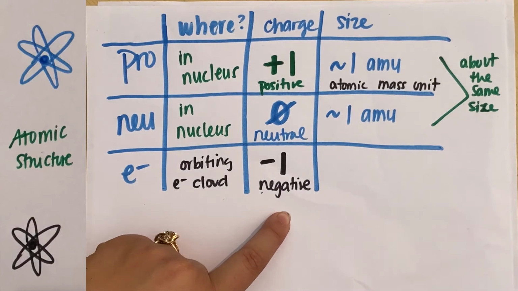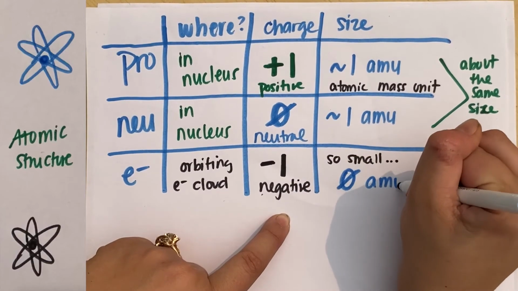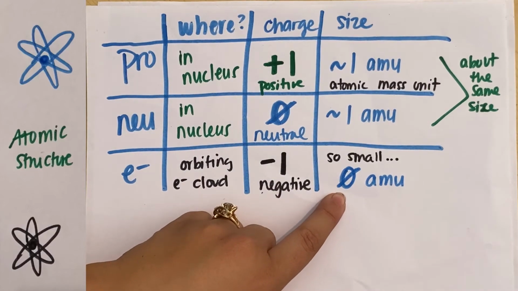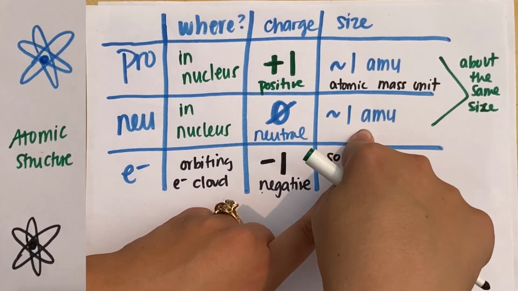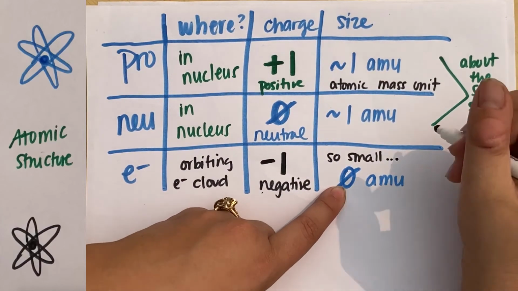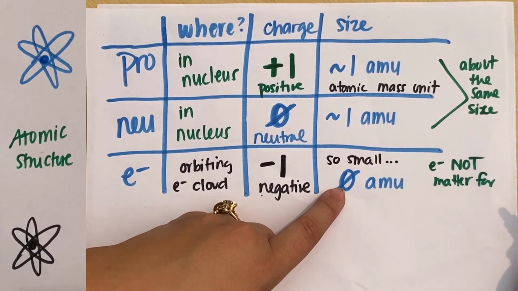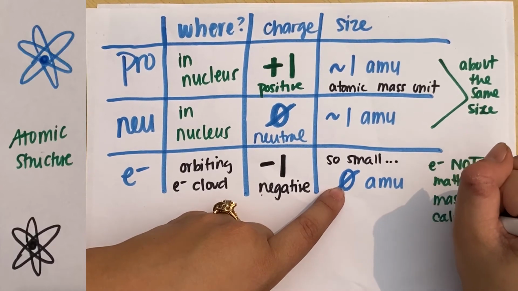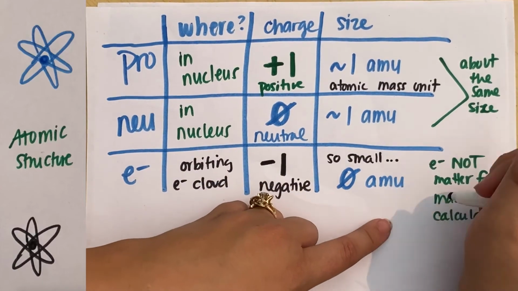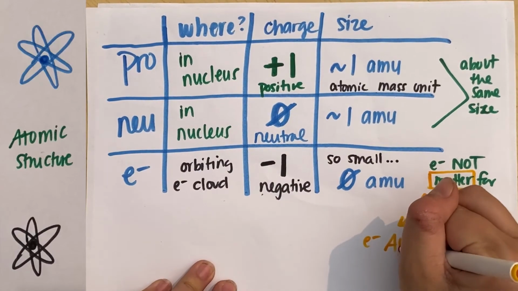Electrons are so small that we consider them to be 0 AMU. It's not that they actually have no mass, it's not that they don't have any size at all, but they're so small in comparison to protons and neutrons that we just consider them 0 AMU. So this means that electrons do not matter for mass calculations, but electrons are matter.